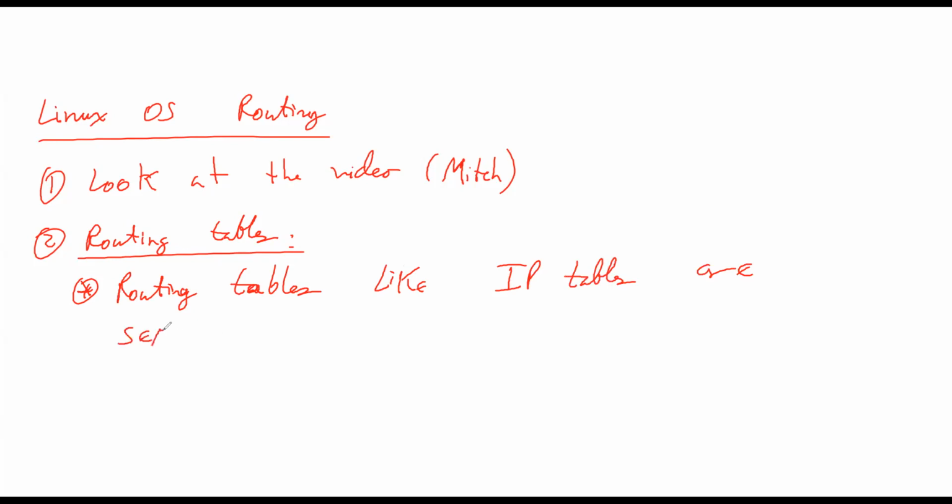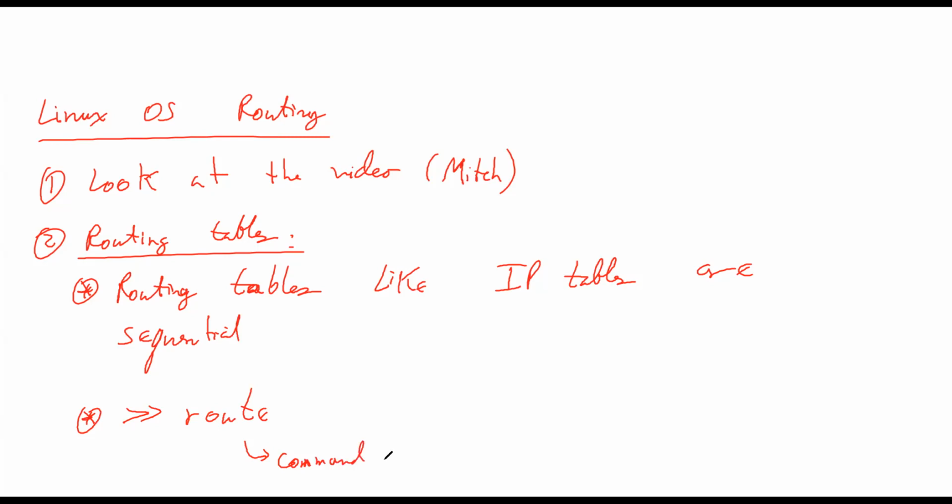That should be obvious to you by now, in the sense that once it hits a rule, it stops there and doesn't continue. Now, what is the routing command? Basically, you go to the terminal and you type route. That's your command. Obviously, you will need sudo privilege for that.